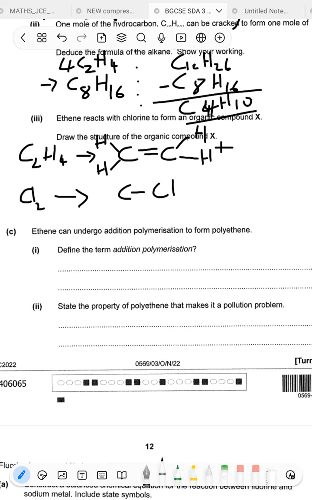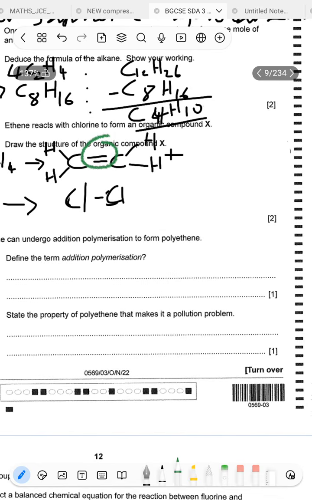So during the chemical reaction, what's going to happen is that this double bond changes into what? Into a single bond, so that you get something like this. You get C, single bond to another C, and then now this is the original hydrogen that we had.